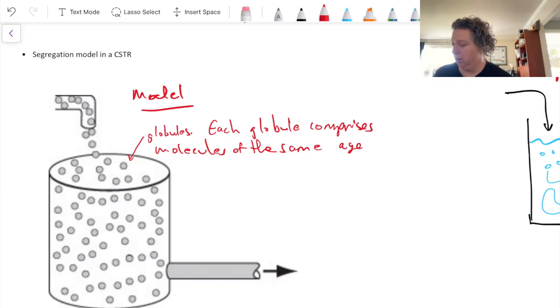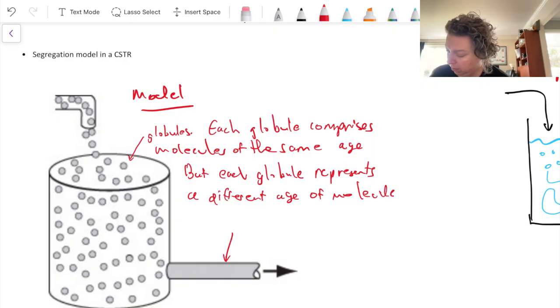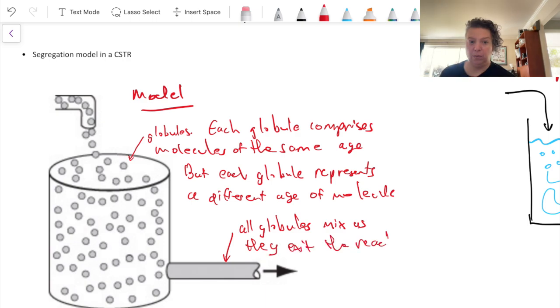But each globule represents a different age of molecule. And then what we see here is that all globules mix as they exit the reactor.